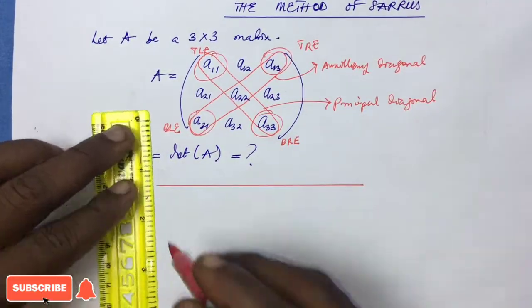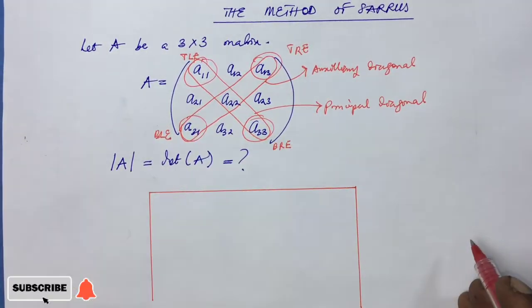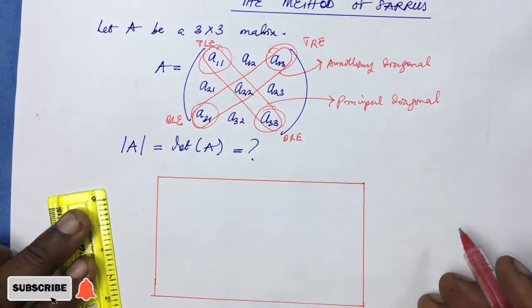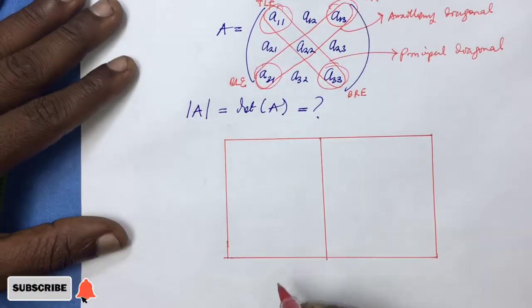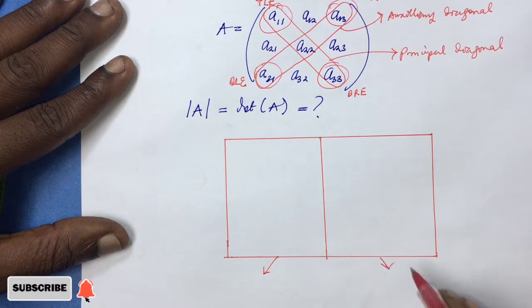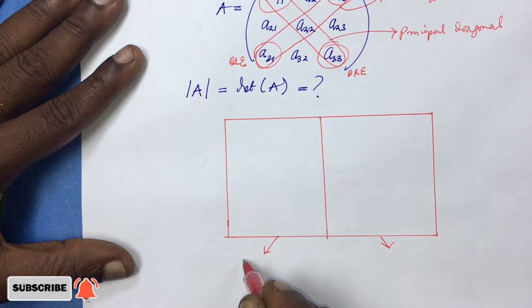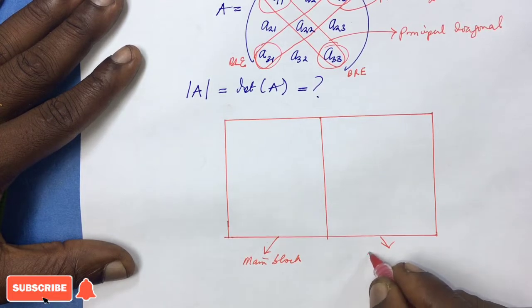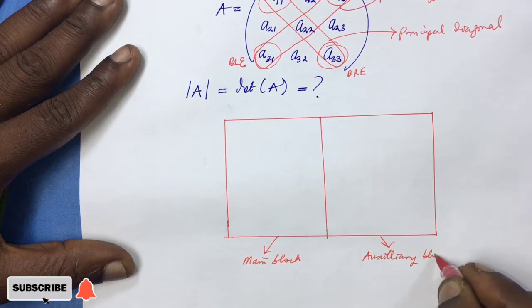What I would suggest you do is to put up a rectangular box and split it into two, such that you can call one part a main block of the elements, and you can call the other one an auxiliary block or secondary block of elements.